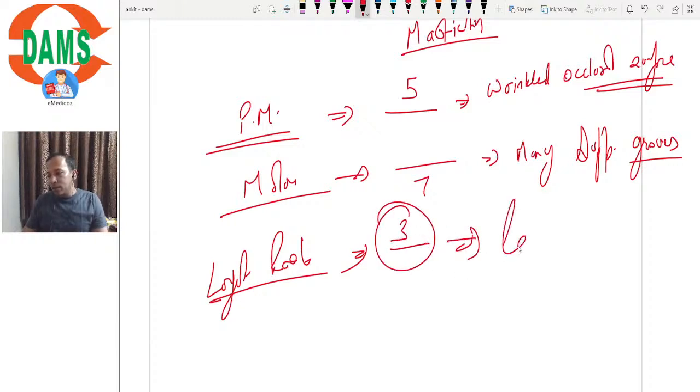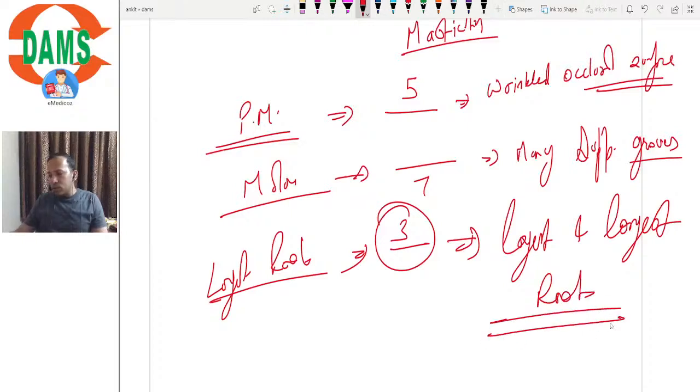This is the largest and longest root. Is it clear?